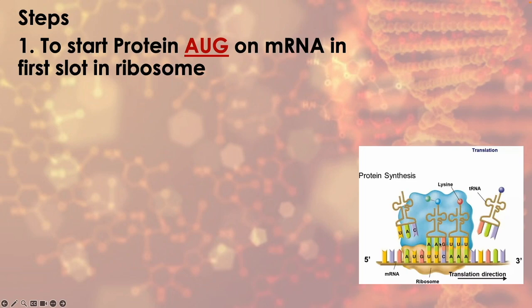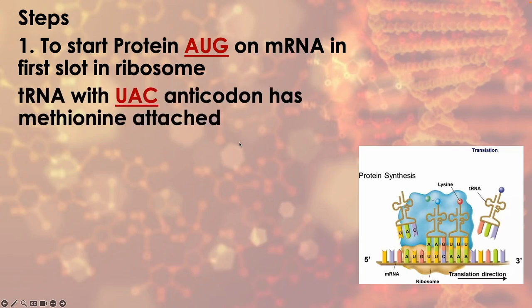The first slot is where the mRNA AUG fits in, the ribosome comes together, and then we need to get the tRNA with the corresponding anticodon, which would be UAC, and that has methionine attached to the other end. Remember last time I told you that methionine starts all the proteins, and then sometimes it gets snipped off and sometimes it doesn't. The ribosome has to know where to start, and this is the signal to start.